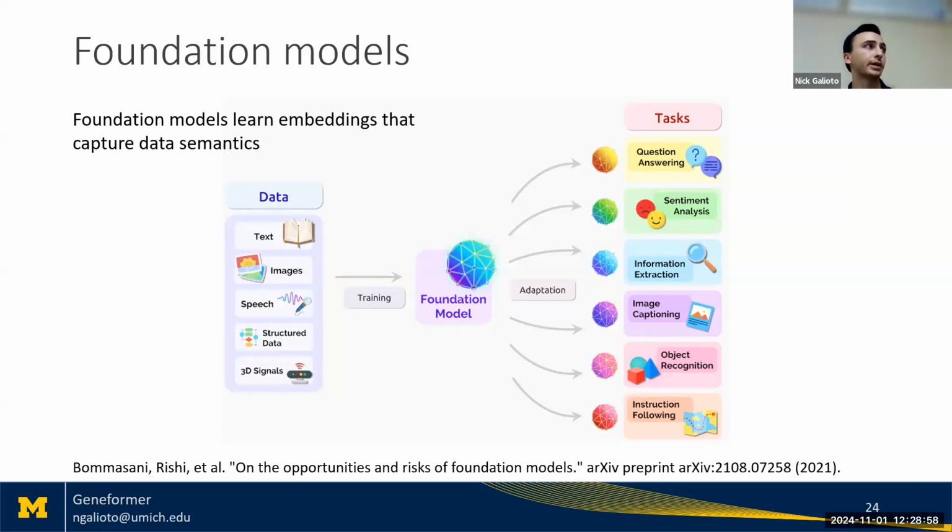It's able to pick out very important qualities of the data, and those embeddings can then be used for a lot of different downstream tasks. A lot of times, these embeddings can be used to outperform simpler neural networks that have not had the benefit of being trained with a huge amount of data.